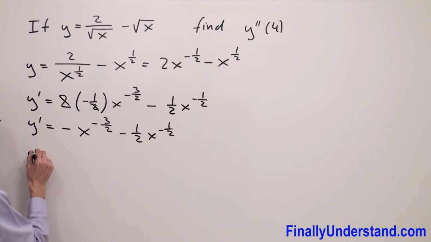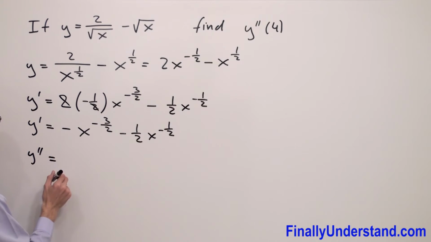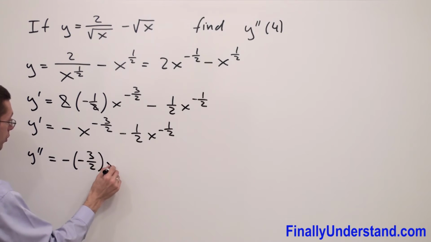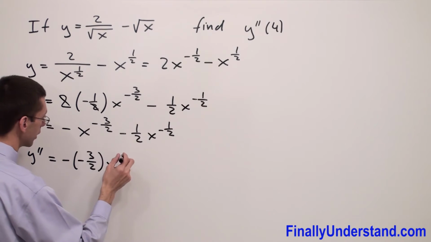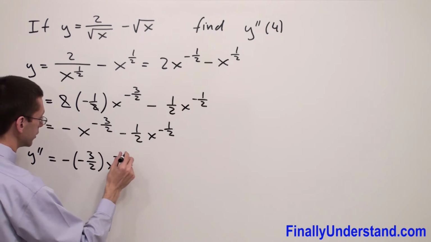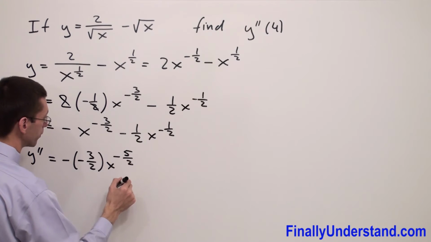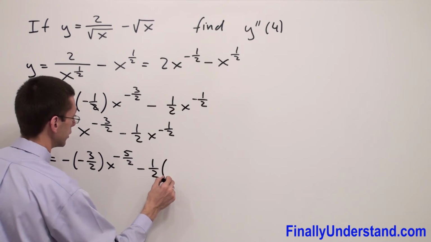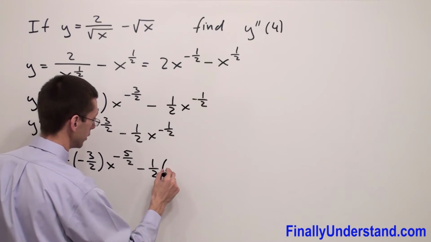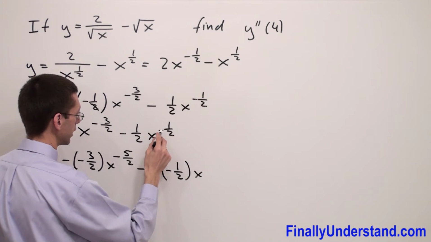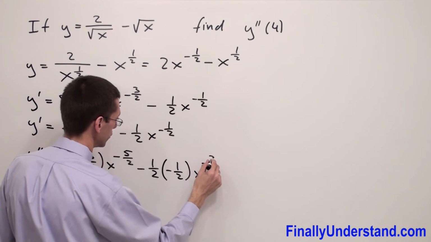So I have y double prime is equal to negative, and the power is negative 3 over 2, x to the negative 3 over 2 minus 1, which is negative 5 over 2, minus 1/2 times the exponent negative 1/2, x to the negative 1/2 minus 1, which is negative 3 over 2.